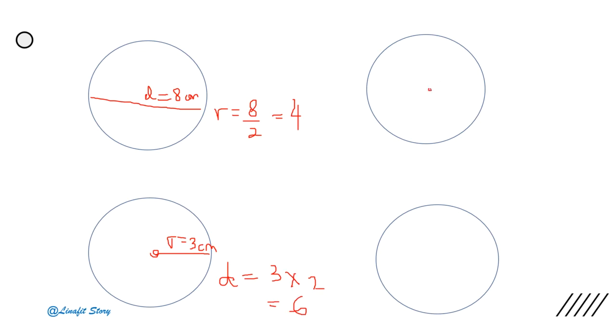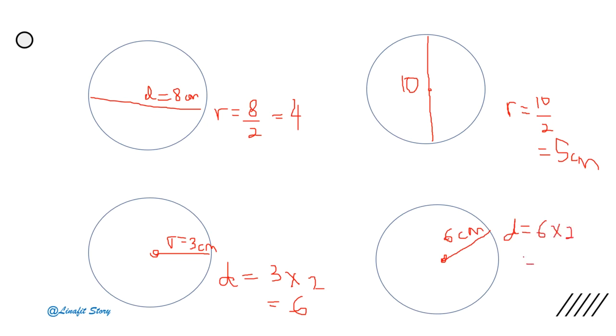How about if the diameter of the circle equals 10 cm? Find its radius. So the radius equals 10 divided by 2 equals 5 cm. Then how about if the radius of a circle equals 6 cm? Find its diameter. So the diameter equals 6 times 2 equals 12 cm.